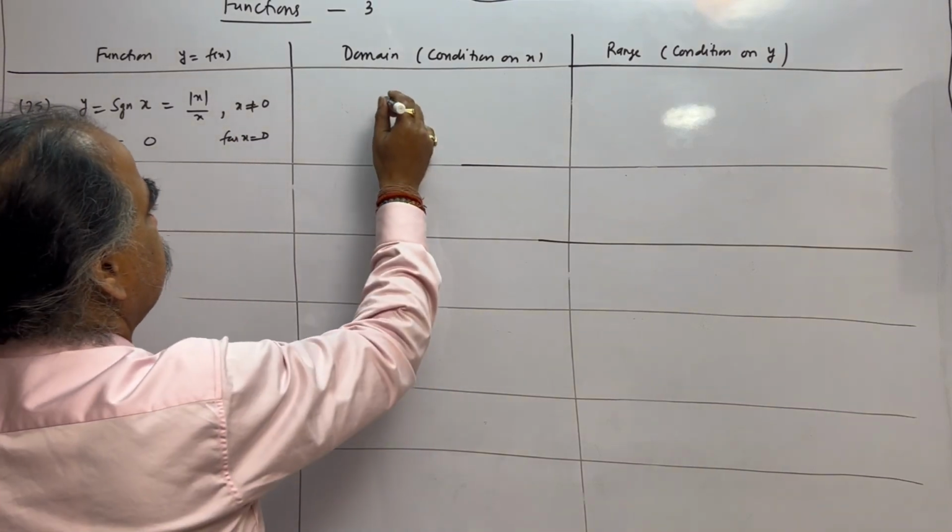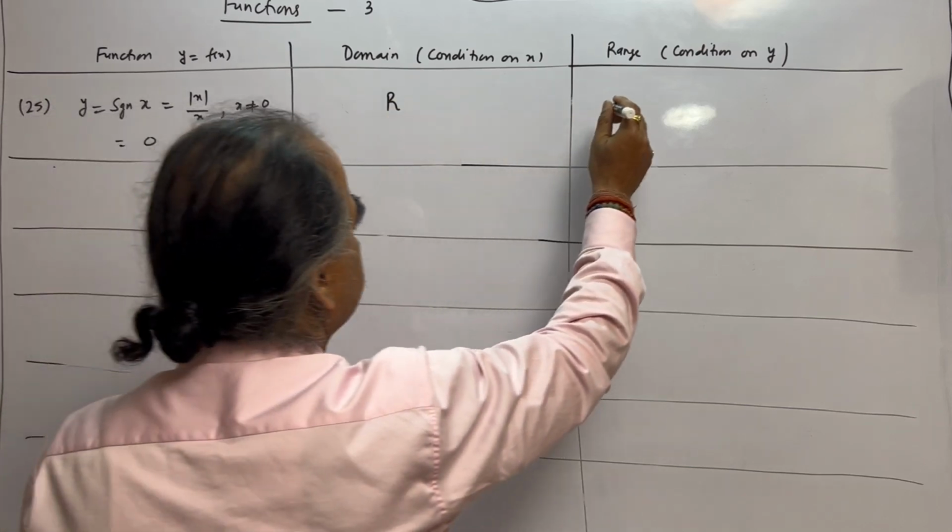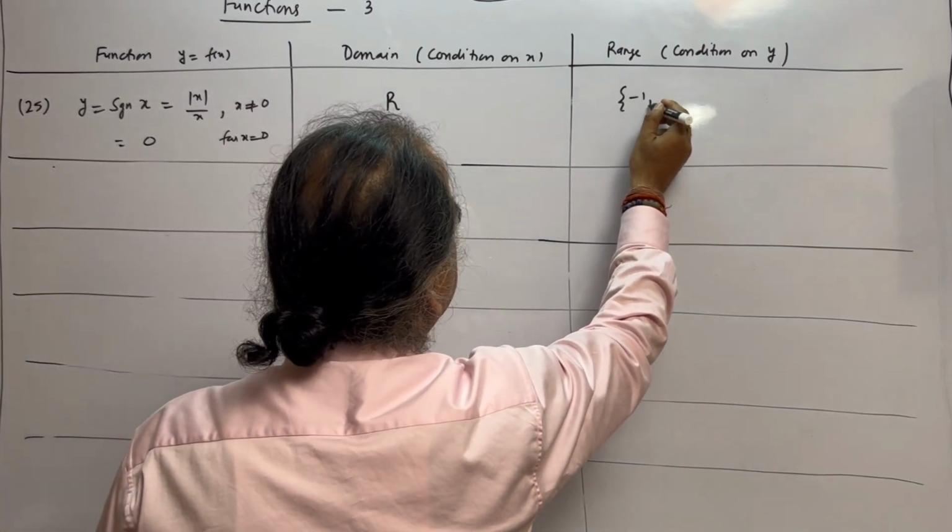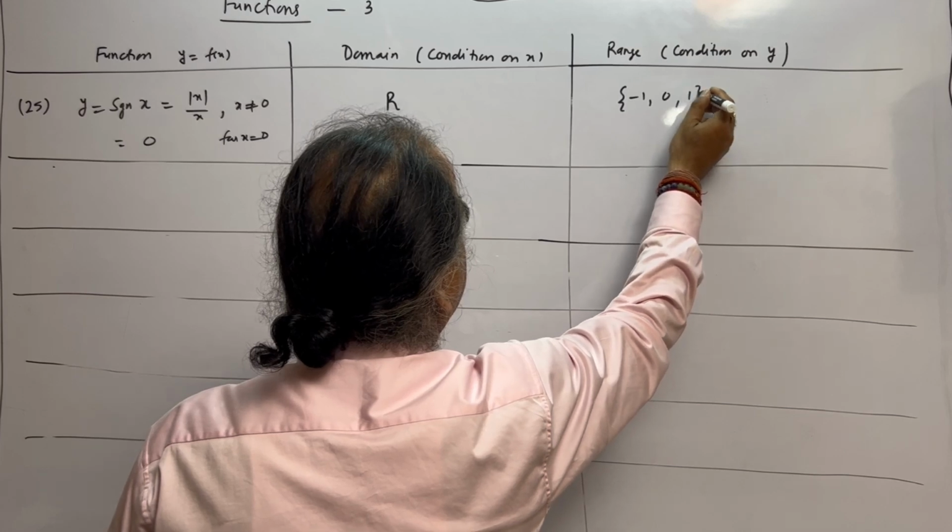Domain is entire real line and range will be -1, 0, 1.